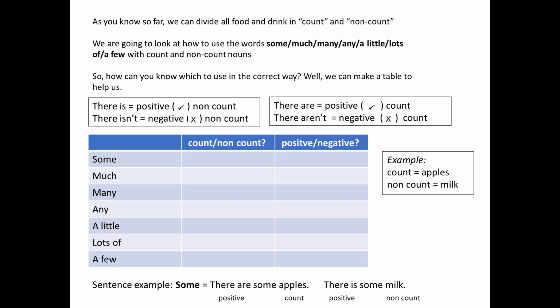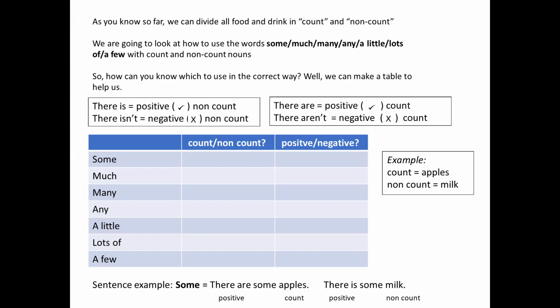Take a look at the 2 boxes. We have there is and there isn't. Now there is we could call positive, and we make a sentence with there is with non-count food and drink. There isn't is negative, right? Not is not, so that's negative. And again, we could make a sentence with non-count food and drink.